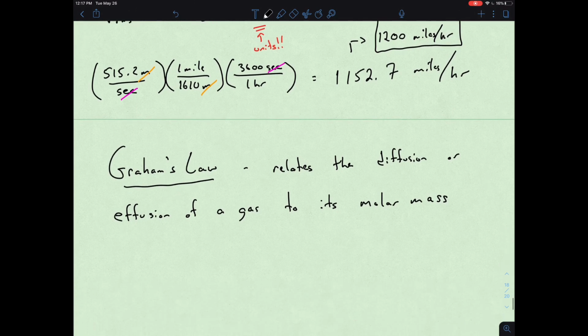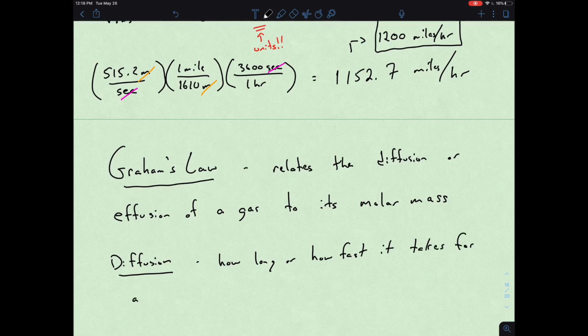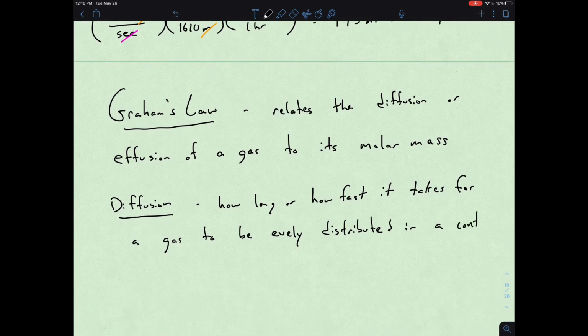And so if we look at diffusion, basically, that's how long or how fast it takes for a gas to be evenly distributed in a container.